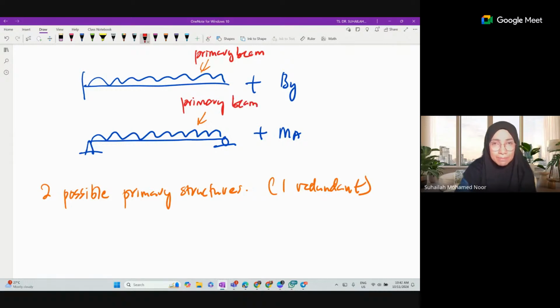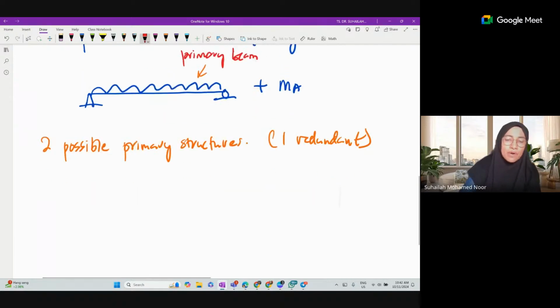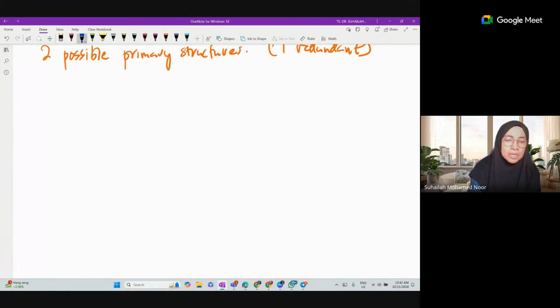One is a cantilever beam, one is a simply supported beam. The cantilever beam is whenever BY is the redundant, and the simply supported beam is whenever MA is the redundant. That is the idea. It is not only for beams; we have to apply the same understanding to frame analysis and truss analysis. For example, if we have a frame with one fixed, one roller.